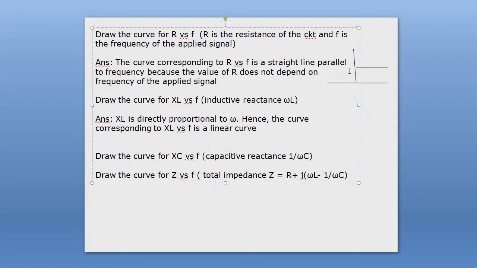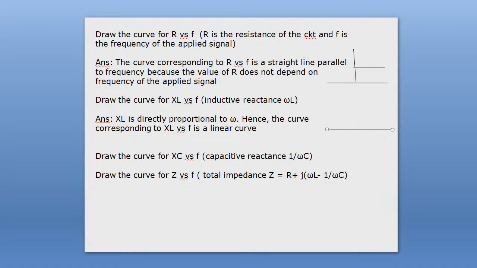This is your resistance, this is frequency. This is the R value. For this case, you just write the x-axis F and the y-axis R. And for XL versus F, you will get a curve like this.